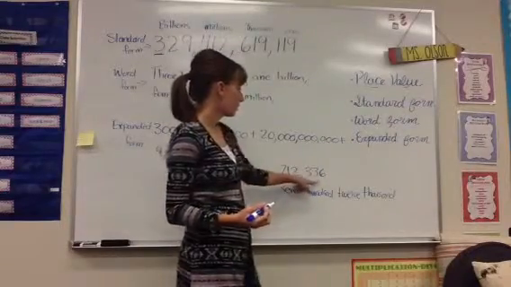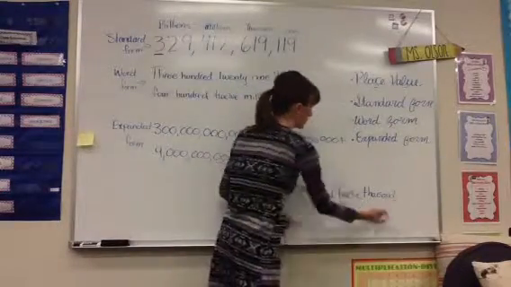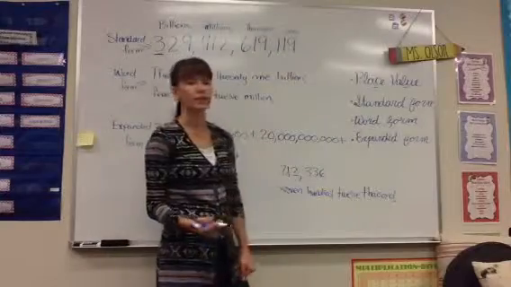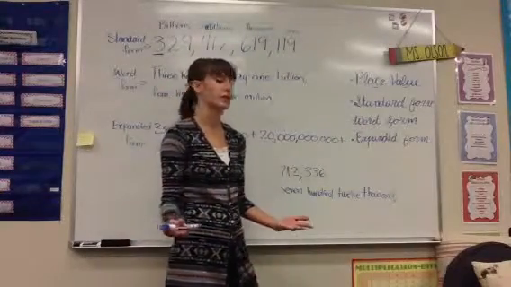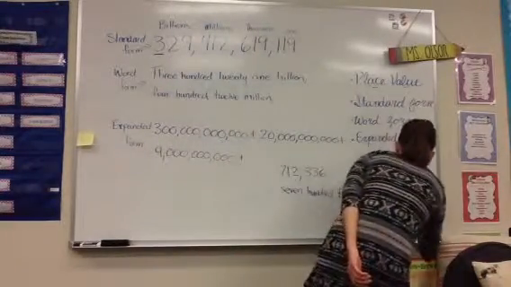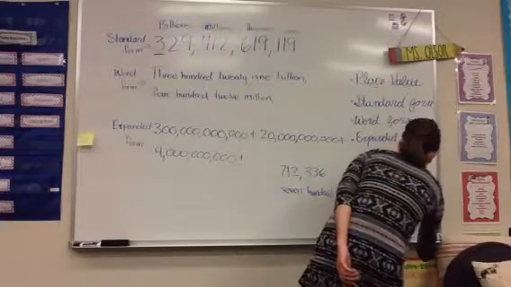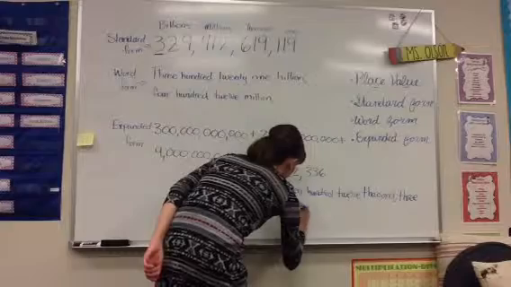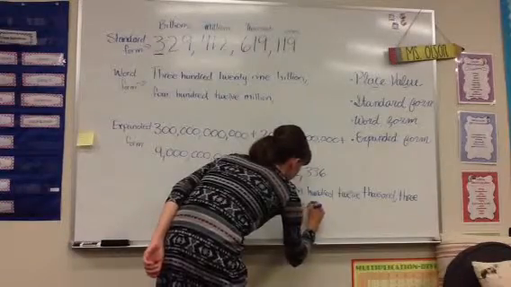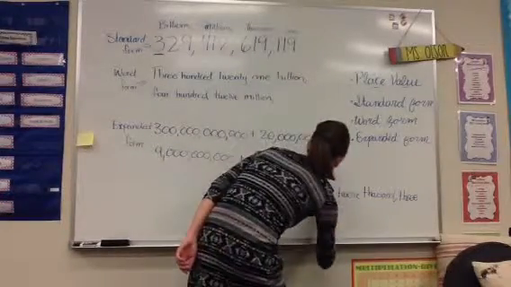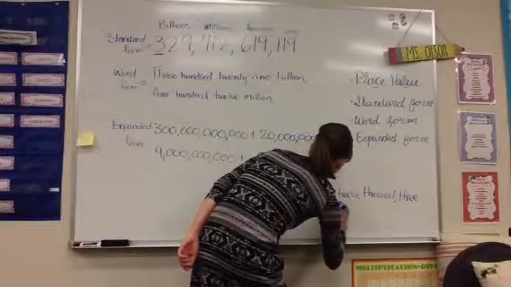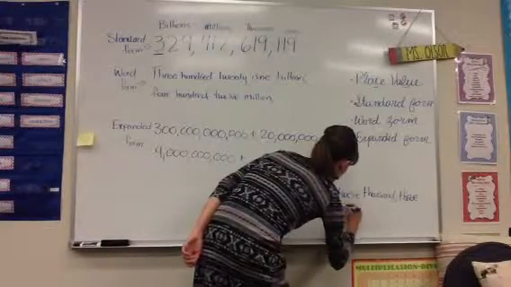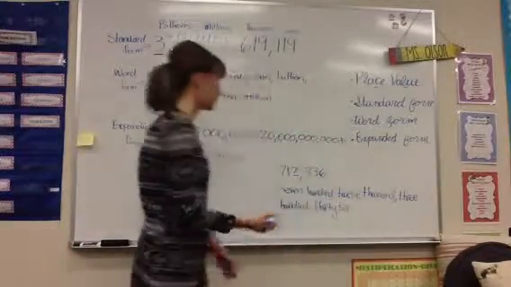Then you're going to put a comma, because you have a comma here. And then you're just going to write 336. No numbers, only words. That's word form.